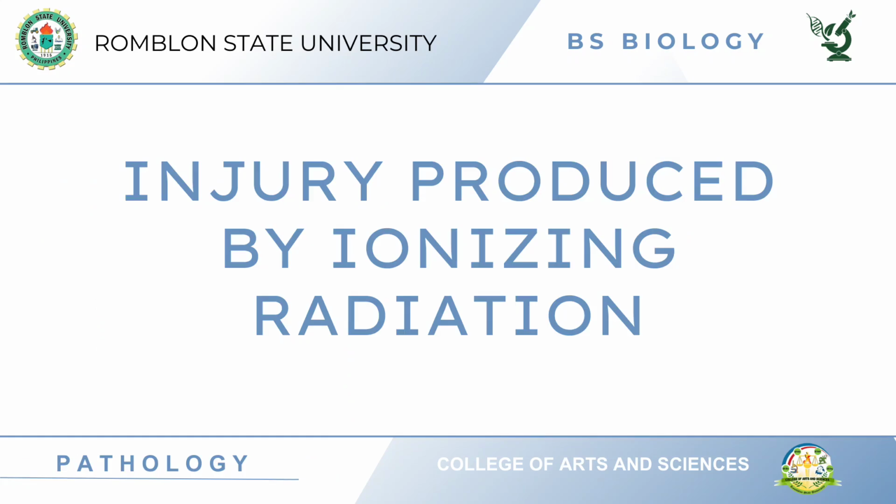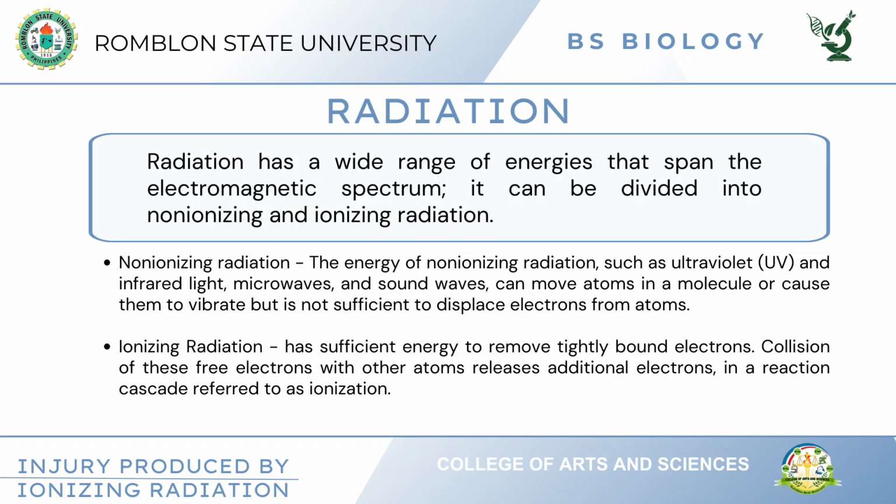So radiation is energy that travels in the form of waves or high-speed particles, and it has a wide range of energies that span the electromagnetic spectrum. Radiation is divided into non-ionizing and ionizing radiation. So, non-ionizing radiation includes things like UV light, infrared light, microwaves, and sound waves.